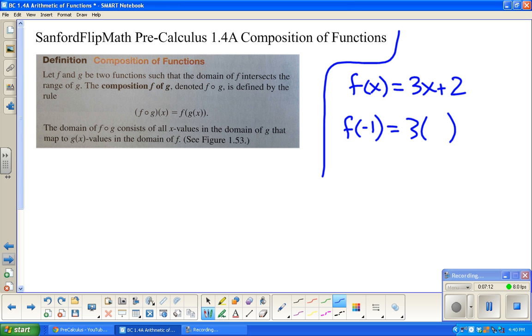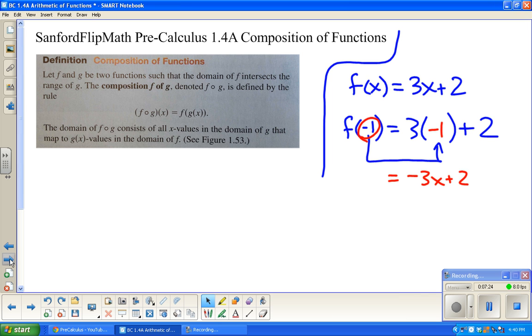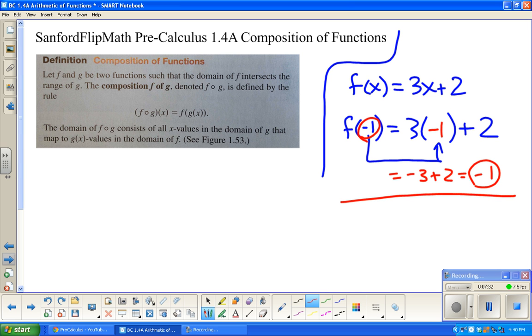This means that everywhere I see an x, that negative 1 gets put in there. So this is now negative 3 plus 2, not negative 3x. Negative 3 plus 2 is negative 1. That's it. f of negative 1 happened to also be negative 1. Wasn't that a weird coincidence?